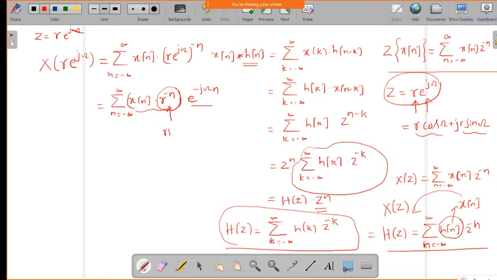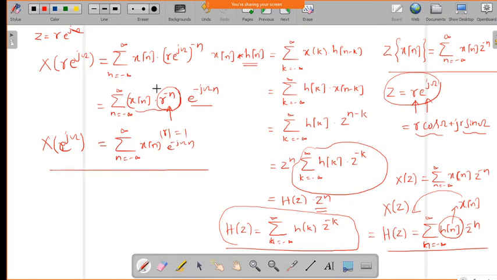If you consider the magnitude equal to unity, then we get the discrete time Fourier transform of the signal x of n, is it not? If r equal to 1, we get back the discrete time Fourier transform, that is x of n into e power minus j omega, is it not?